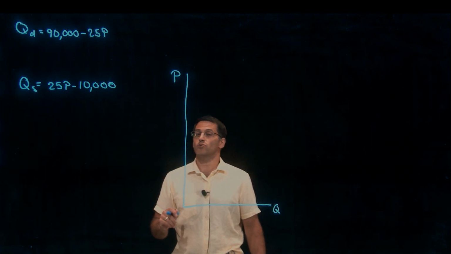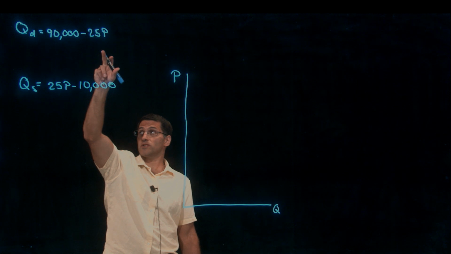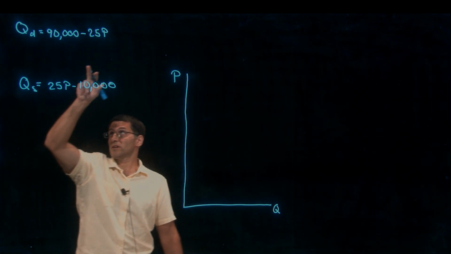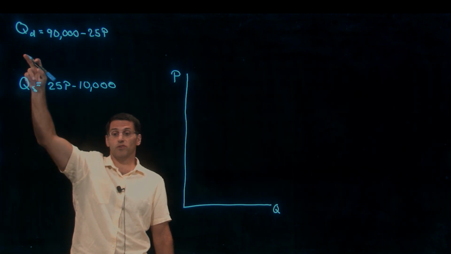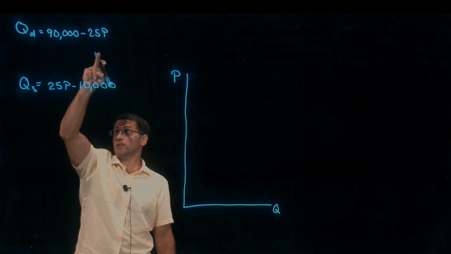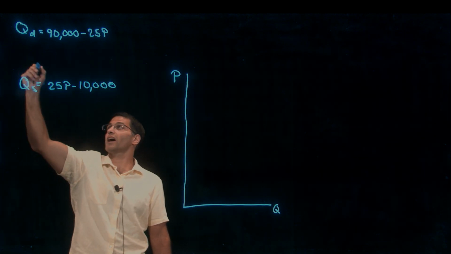And so in order to do that, we need to invert these two equations. In other words, we need to bring that 25p over here to the left. So you can imagine adding 25p here, bringing the quantity demanded over to the right, and then dividing through by 25.